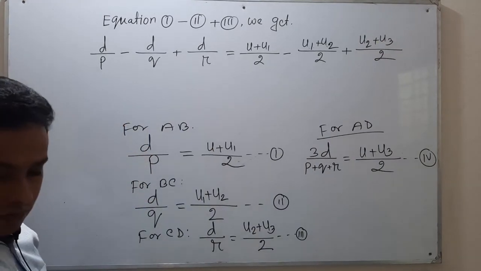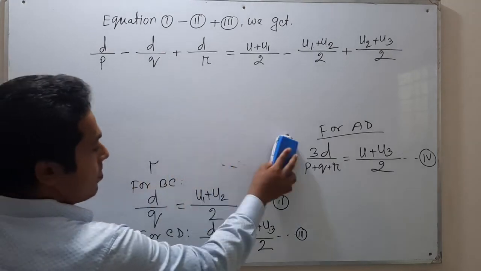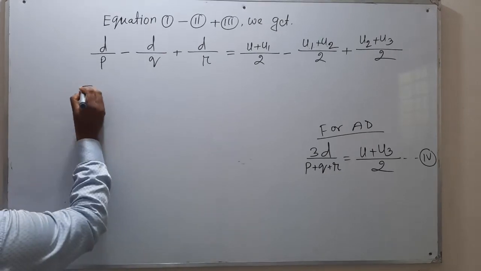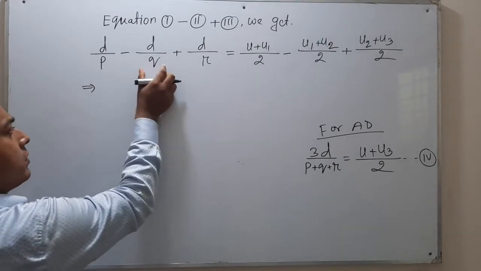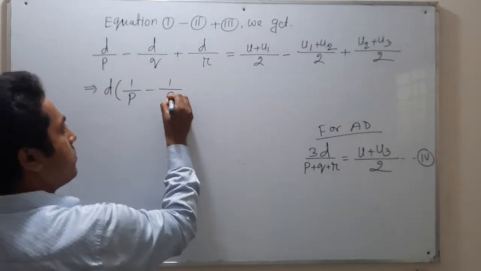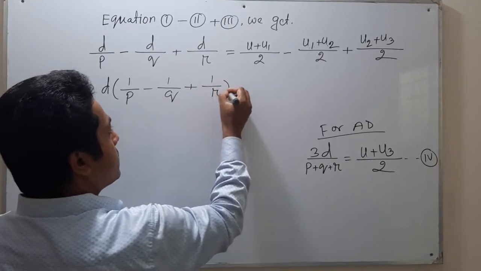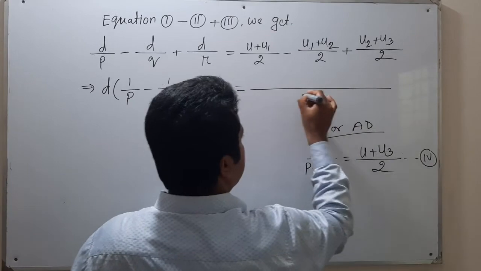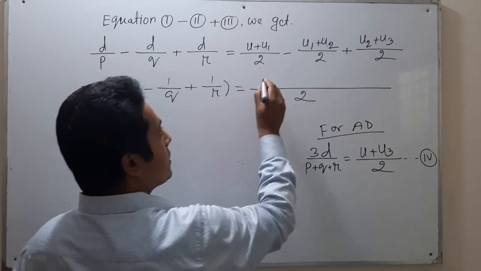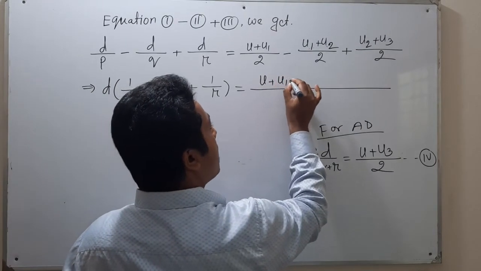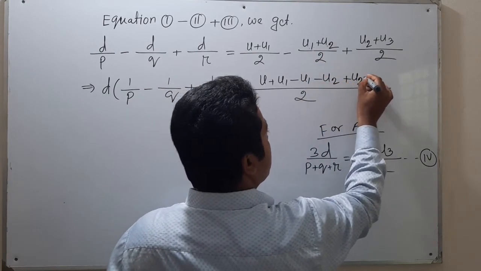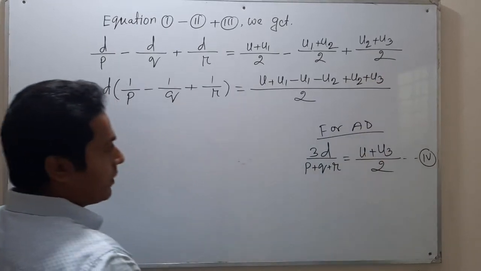Here d is common from the three terms, so we can write 1 by p minus 1 by q plus 1 by r is equal to, with 2 as the common denominator of the three terms, u plus u1 minus u1 minus u2 plus u2 plus u3.